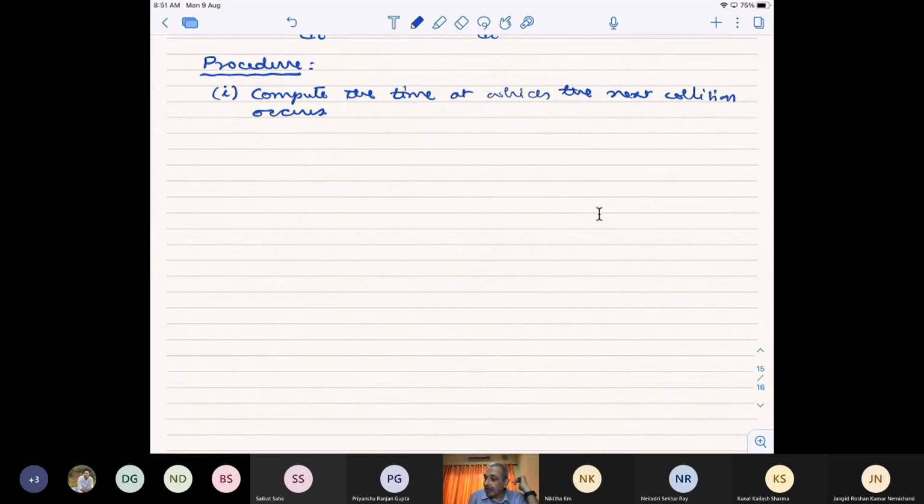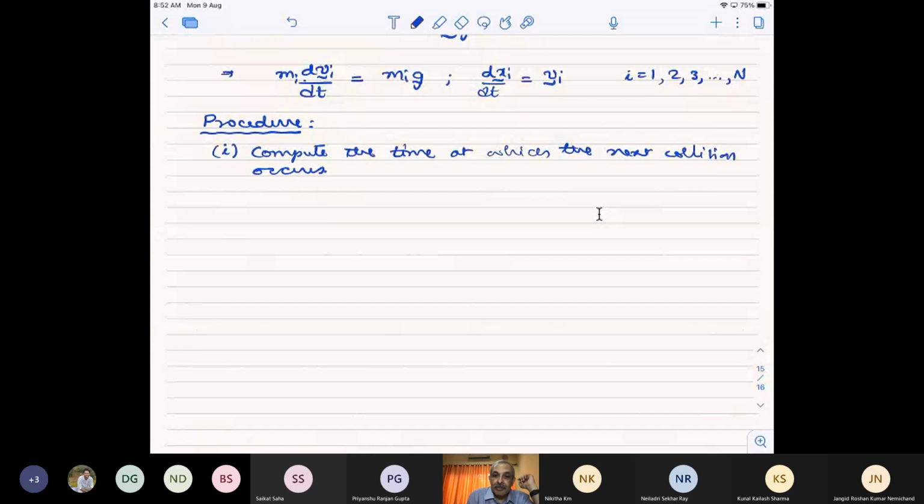And we can easily calculate that since we already know the way that they're moving. And once you do this, since we know which is the minimum time, that will be the time for when the next collision occurs. Let's call this time Tc.